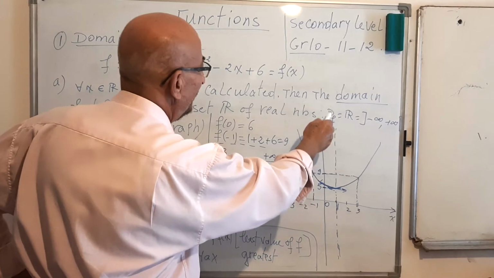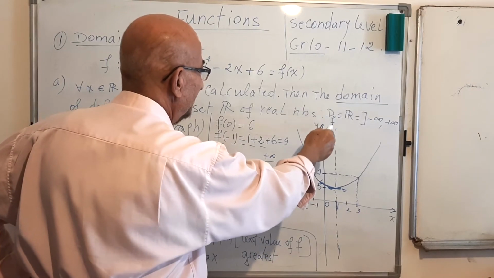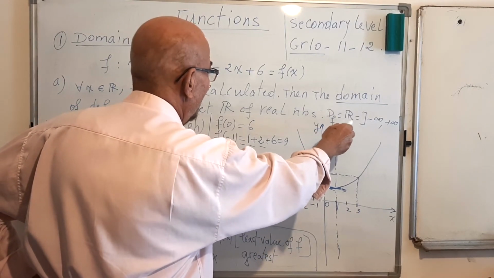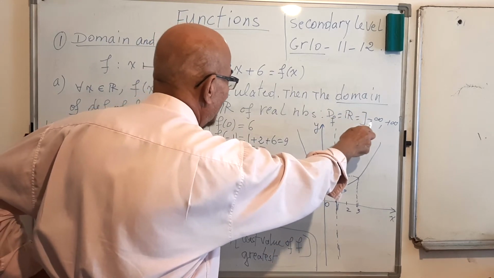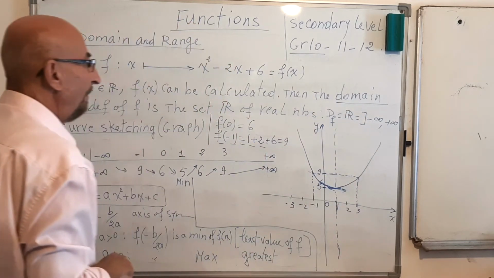We write domain of definition of f, Df equals R. R is the open interval minus infinity, plus infinity.